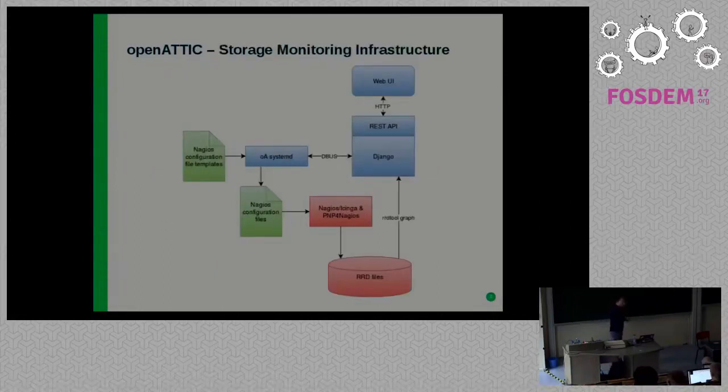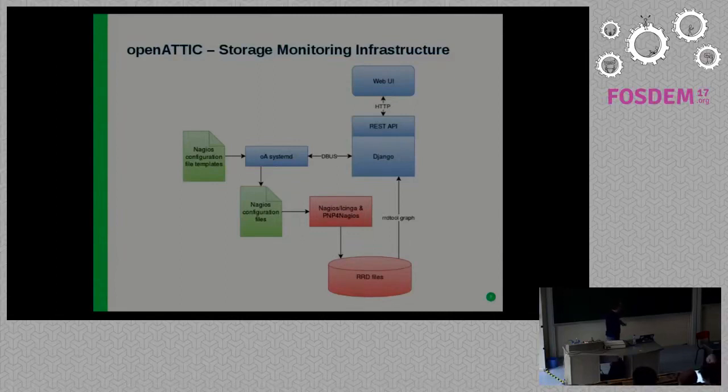This is a quick overview of how the monitoring takes place. Again, the systemd doesn't only configure the storage itself, but it also uses Jinja and creates Nagios configuration files based on templates, and then restarts Nagios to make sure that the new storage objects are being properly monitored.